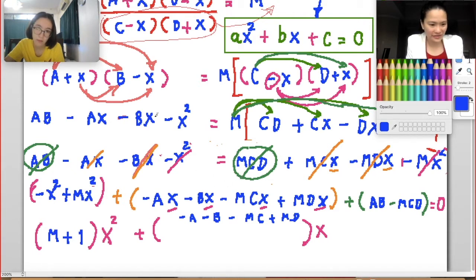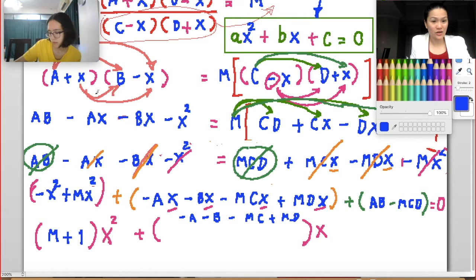Sorry, minus bx. No, this one has to be positive. It means we wrote something wrong here, because ax multiplied with b is bx, positive here.